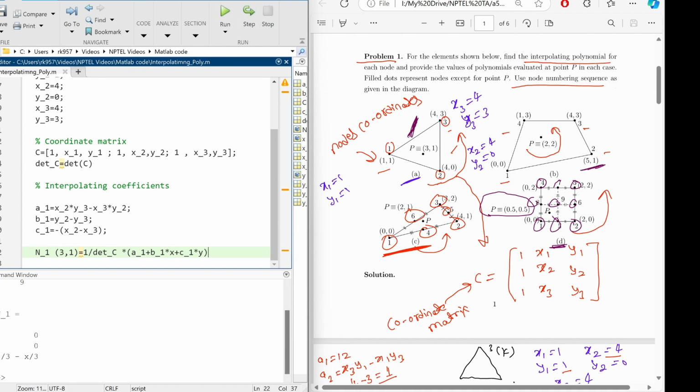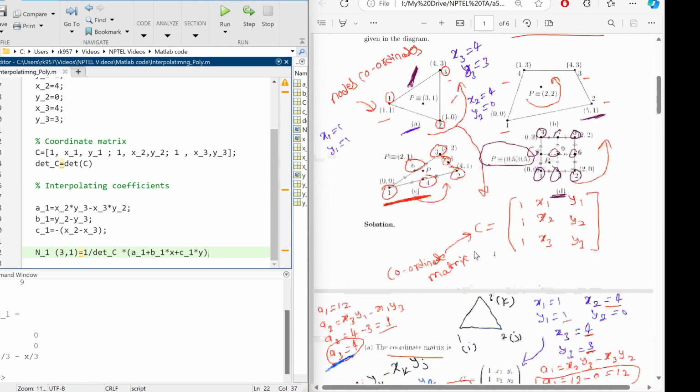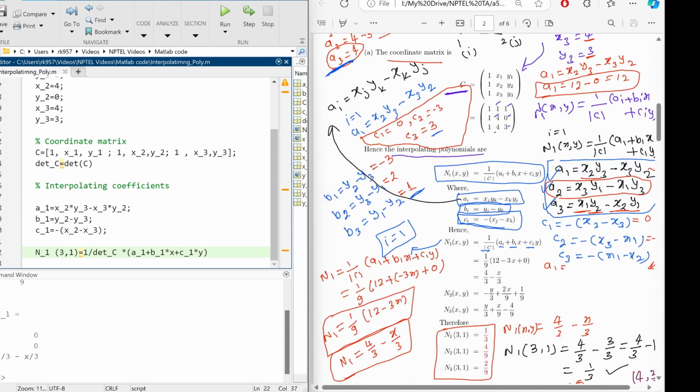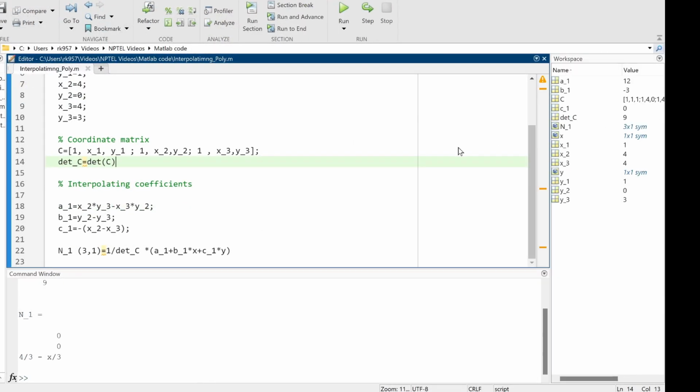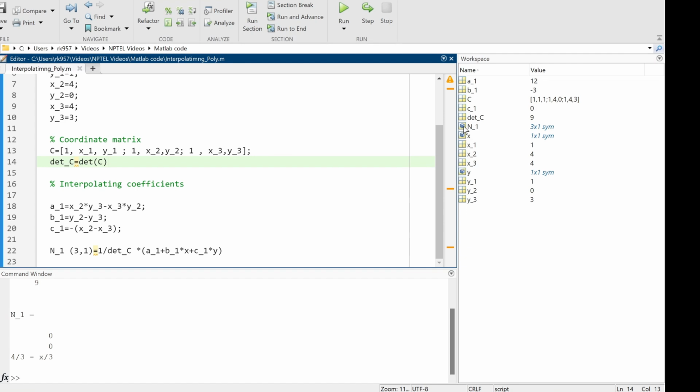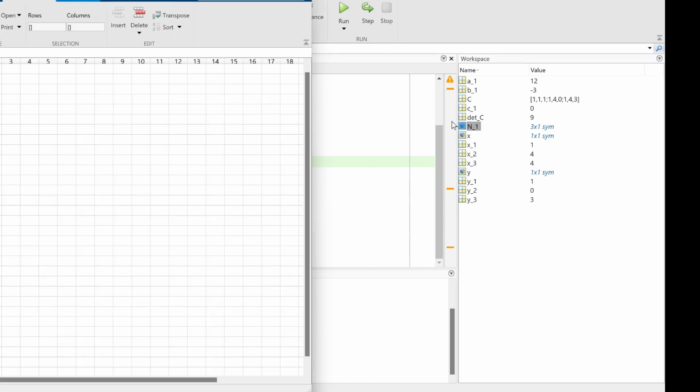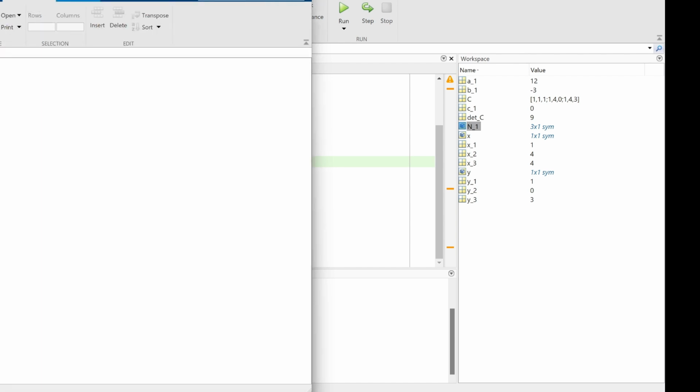Yes, so this is what we got: 4 by 3 minus x by 3. And if I check here in full screen, this is N1.